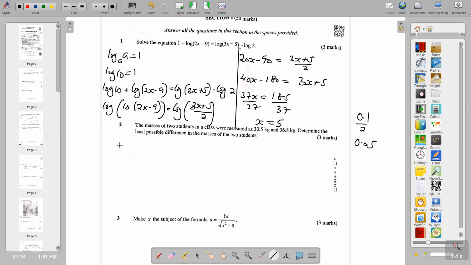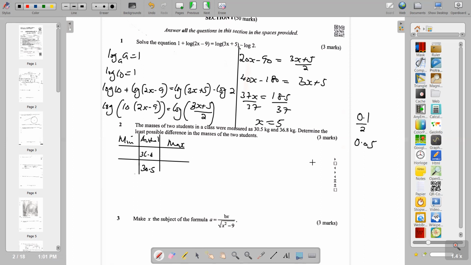So you need now to get the maximum possible mass that you can measure and the minimum. So you can have a small table there. Here we have actual, so we have 36.8 and 30.5. On this side, you have minimum and maximum.